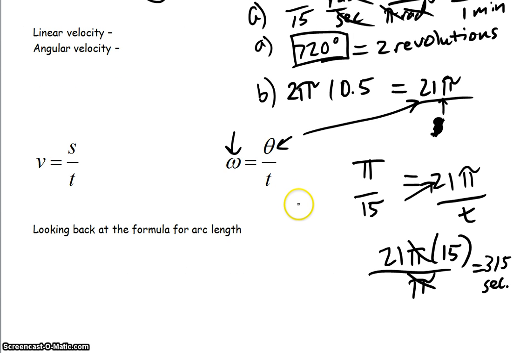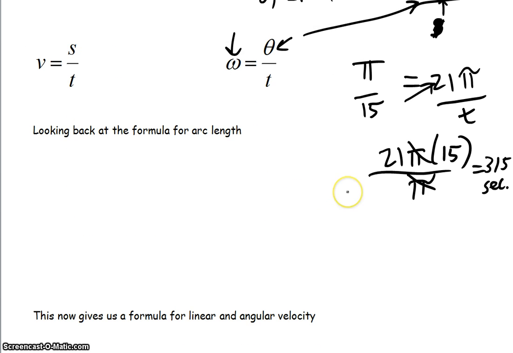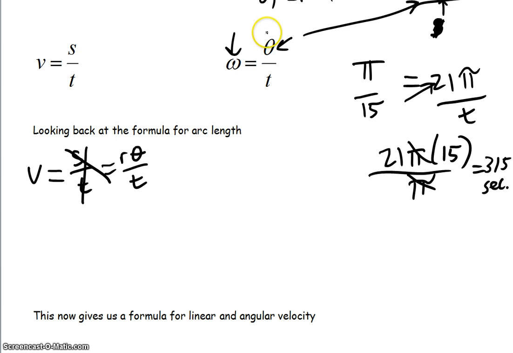There are a couple of ways you can do this a little differently, because we have these two formulas: r theta over t for linear velocity, and the formula for angular velocity, which already has theta over t in it.